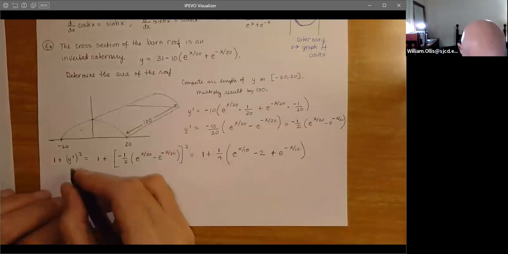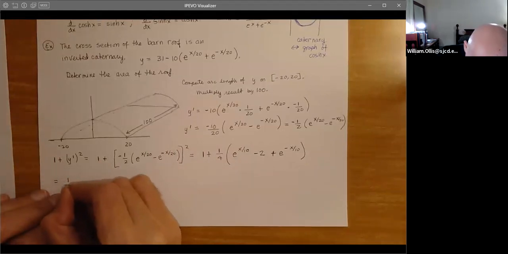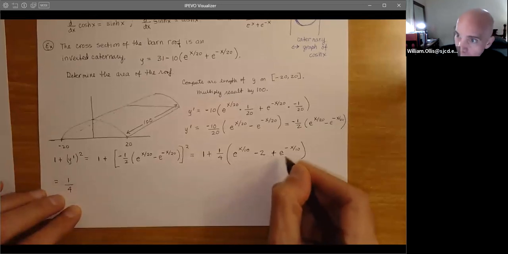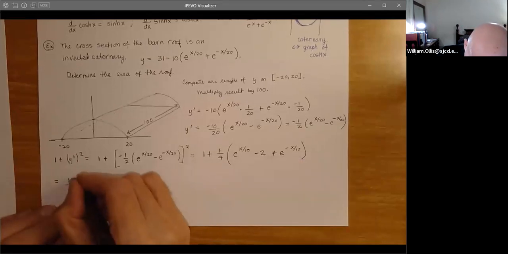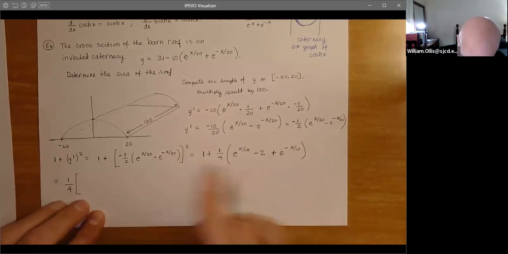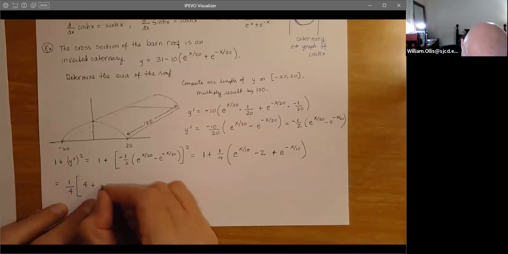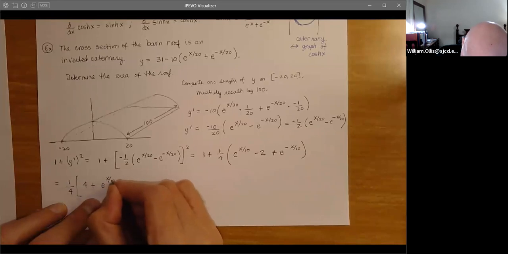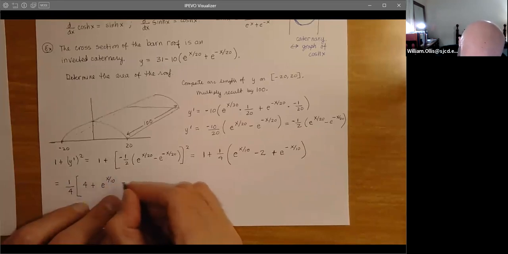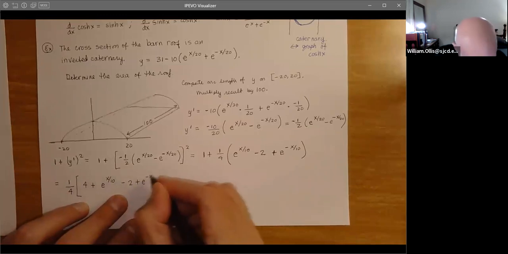So now we can get a common denominator. That's why I did this problem before, to give you a reason as to how we'll work on this one. So we'll factor out the 1/4, and that gives us a 4 plus e to the x over 10 minus 2 plus e to the negative x over 10.